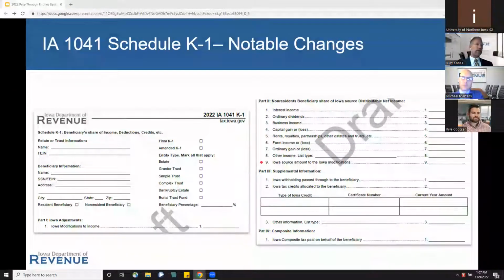And then in the bottom sections, if you've got other credits, we're going to collect information on that in the supplemental section. If there's any Iowa withholding that passes out, we'll capture that. And then at the very bottom, that's where you report the amount of Iowa composite tax that was paid on behalf of this beneficiary.